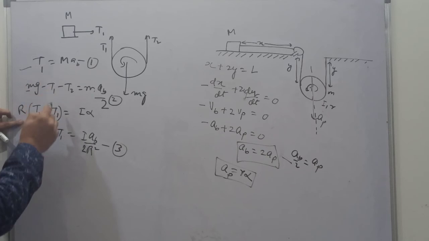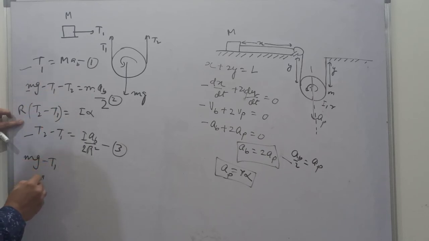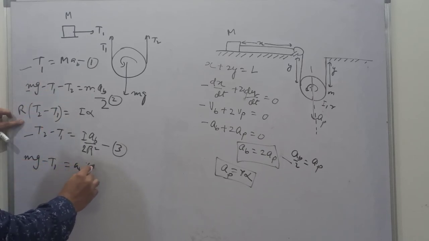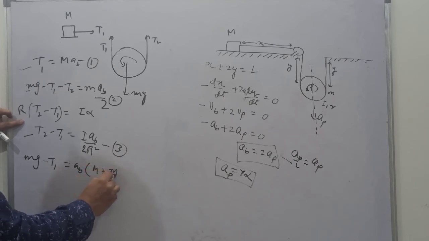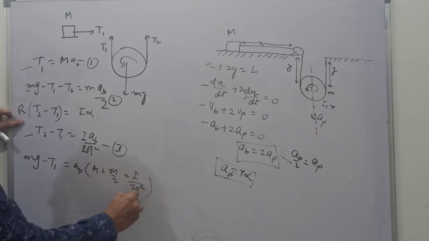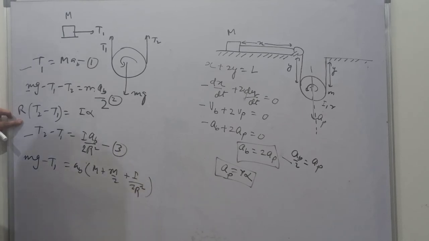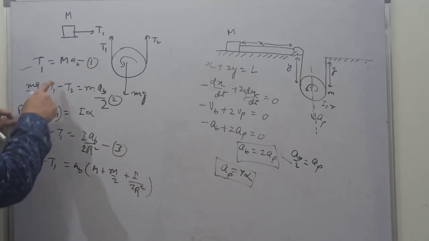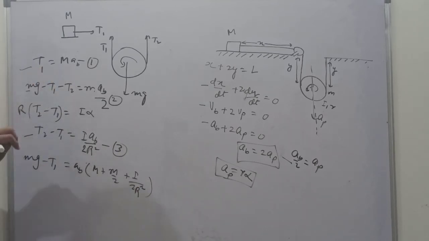Sorry, T1 minus T1 is equal to A becomes common. A block becomes common, times M plus m by 2 plus I by 2r square. This is the equation we are getting. And in place of T1, I can again put M AB. Right?